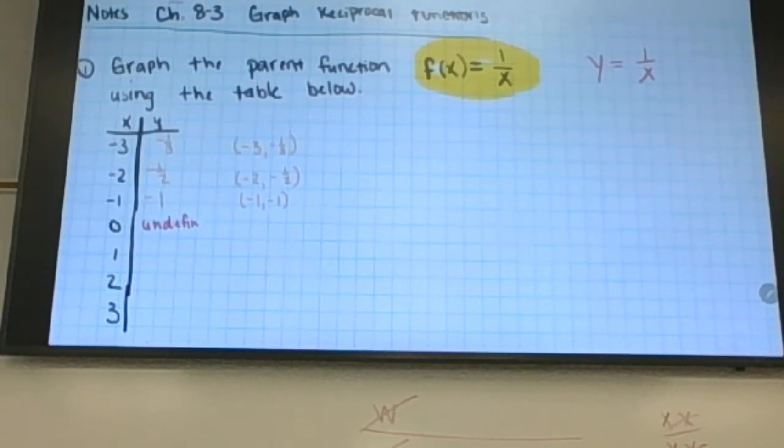You can put an asymptote here. I messed that up pretty good.